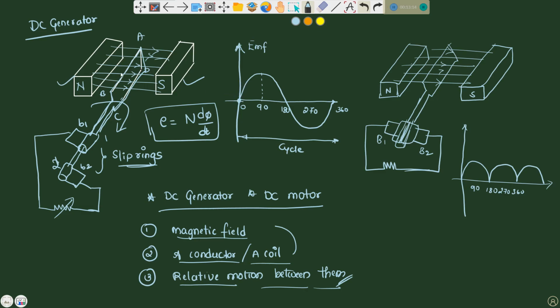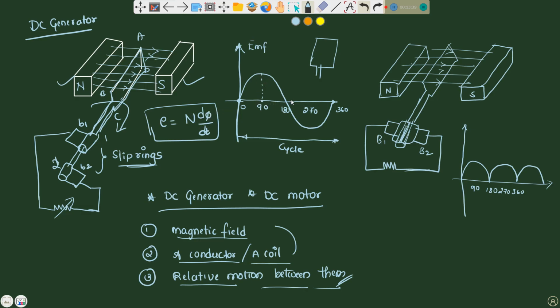Whenever the coil moves, it will be like this, then like this. When the plane is parallel or horizontal to the flux lines, the flux linkage will be minimum, but the rate of change of flux will be maximum at 90 degrees.